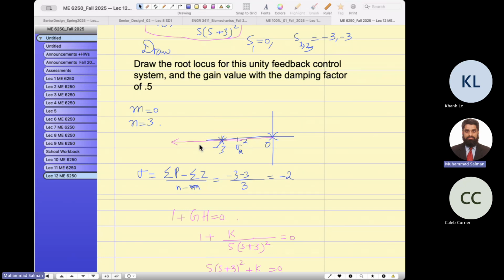I have to draw the angle of asymptote. So look over here. The angle of asymptotes is 60 degrees.